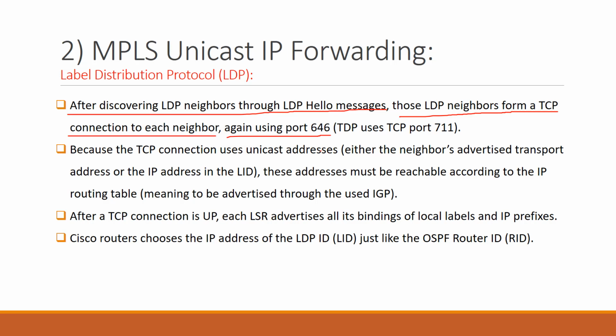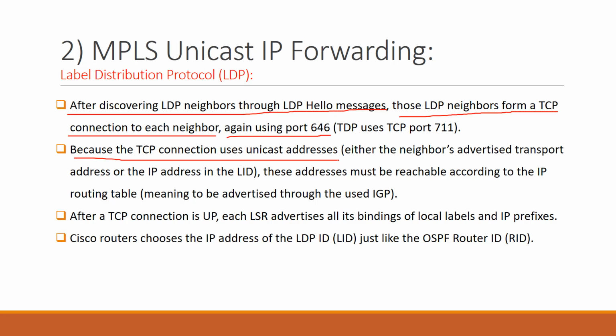They send and receive updates through the TCP connection that uses port 646, because the TCP connection uses unicast addresses, not like the hello messages. The hello messages use a multicast address, as we mentioned in the previous slide.